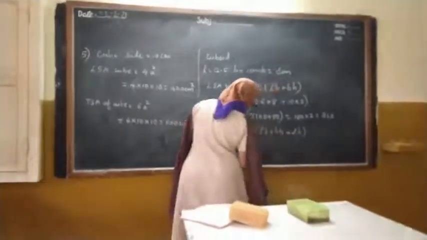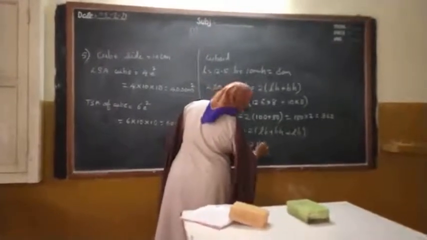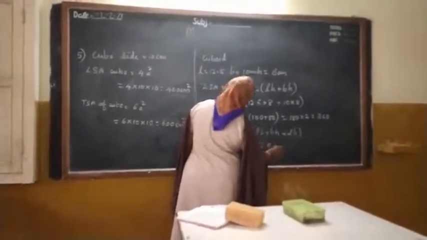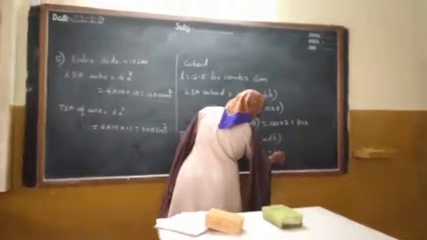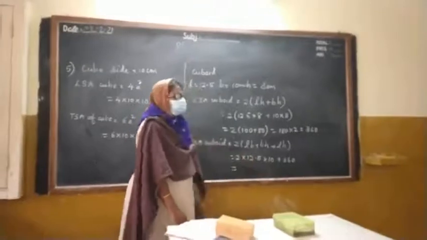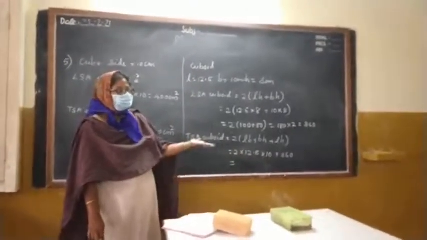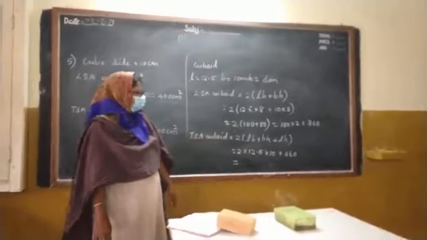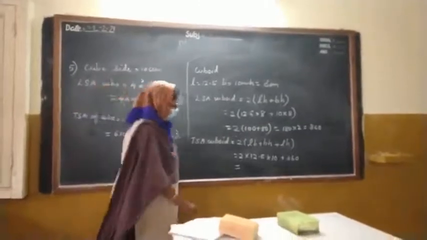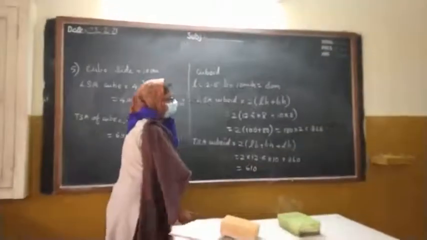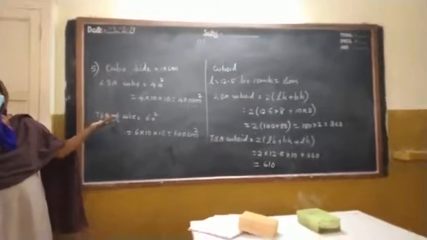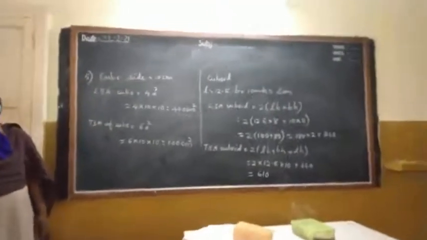So 2 times 12.5 into 10, plus this one you can take 360. 2 into 12.5 is 25, 25 into 10 is 250, plus 360 is 610. Now total surface area, which one is greater? That's cuboid is greater. Okay.